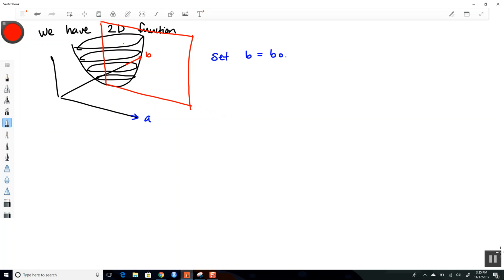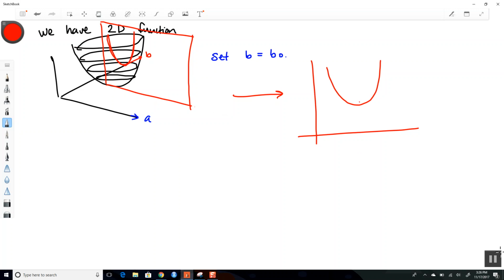And so when it slices through our paraboloid, this is what we get, a single-dimensional function, right? So you've got the bowl, but now you're slicing it, okay? So then when we look at that, this is what we see, okay? And we're going to minimize this, all right?